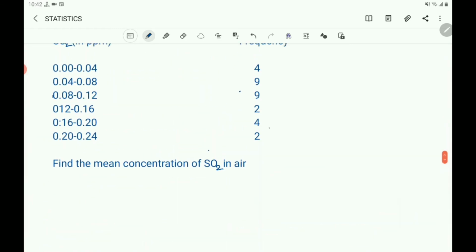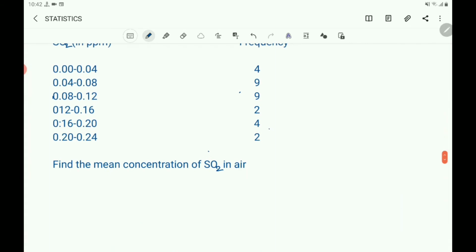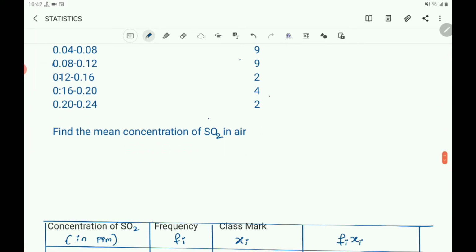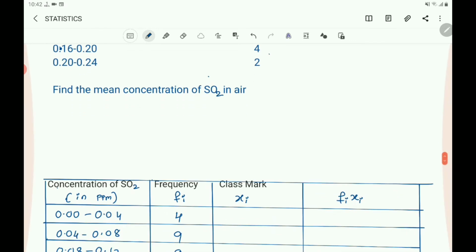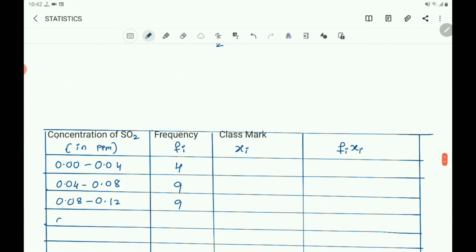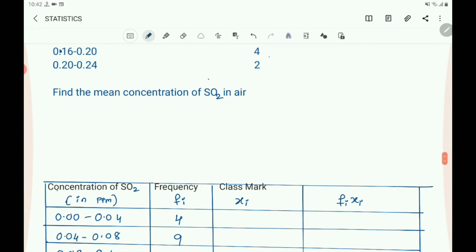The frequency is 9. Next 0.12 to 0.16, that is frequency 2.